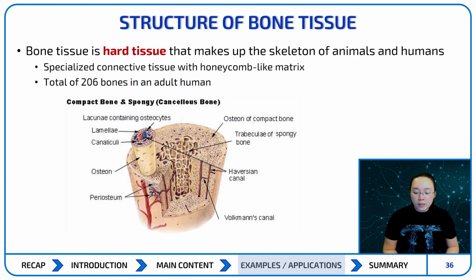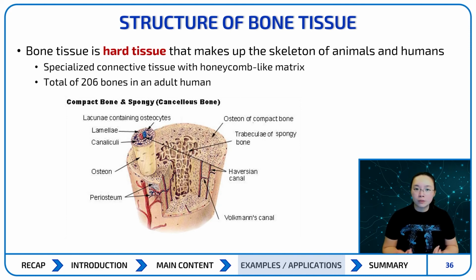Before I talk about the structure of bone tissue, I want to mention that there are several types of bone in the human body, something that you should remember. There's long, short, flat, sesamoid, and irregular bones.